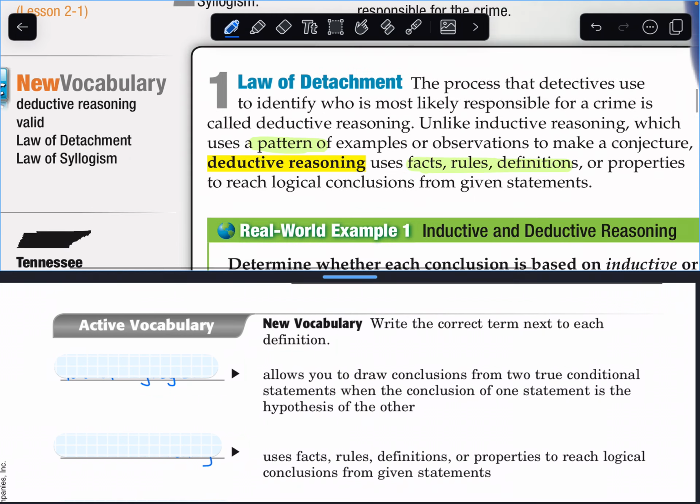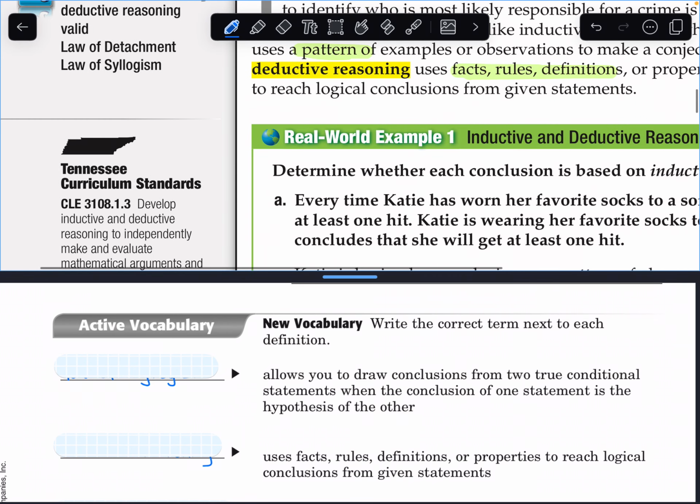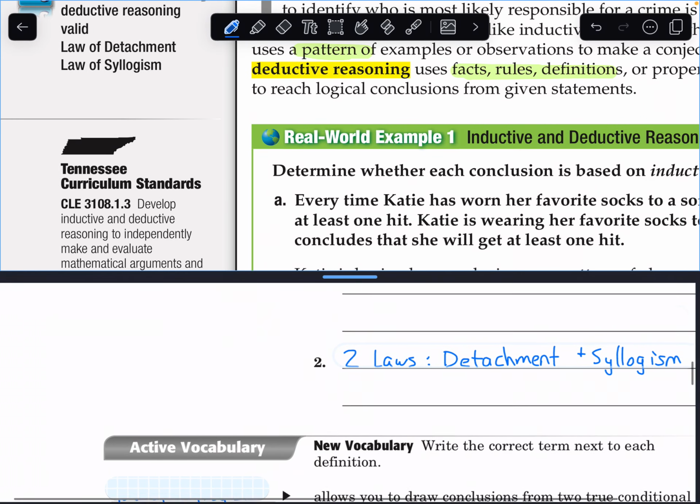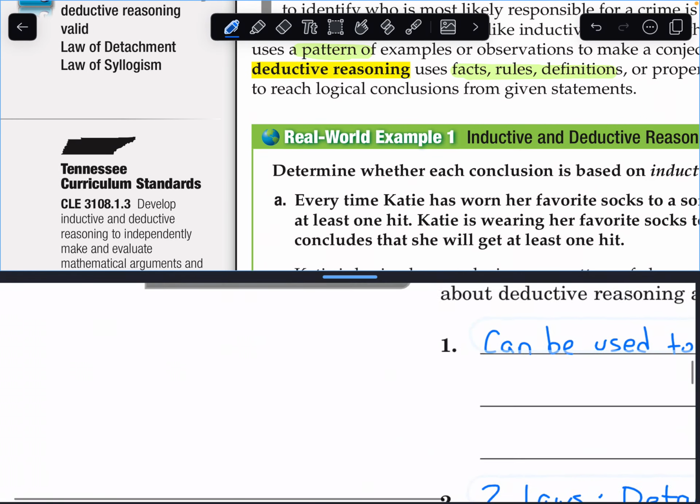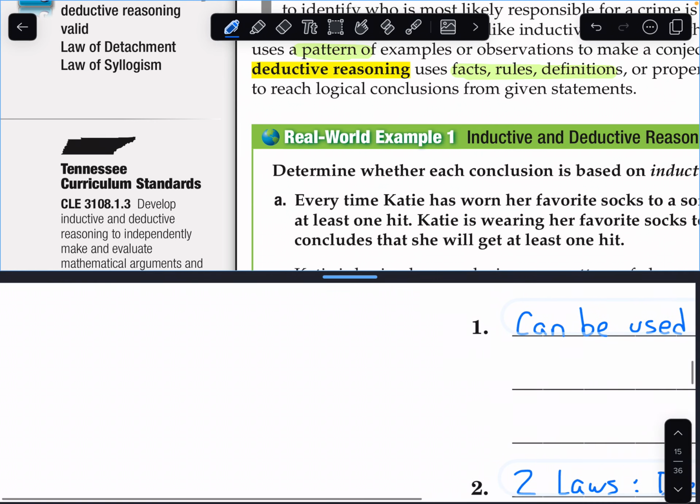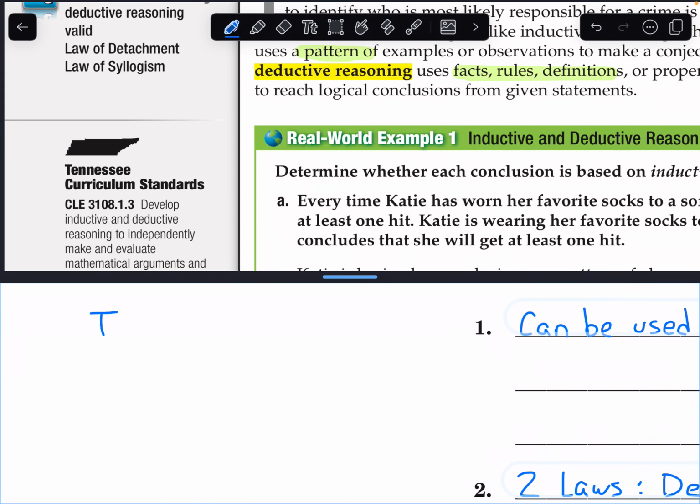Inductive reasoning, let's see if I have some space here on the side of our notes to write this down. Inductive reasoning goes from a specific pattern, and from that you make a conjecture about a general rule.